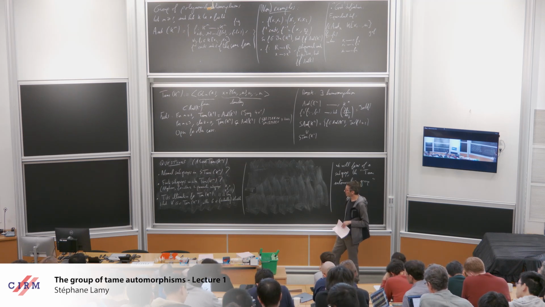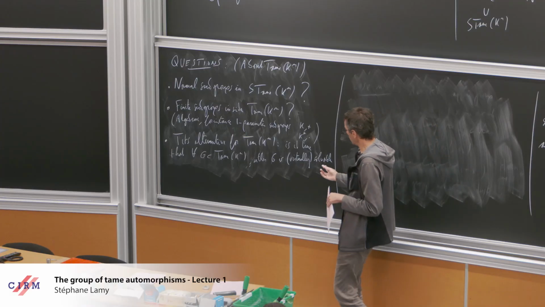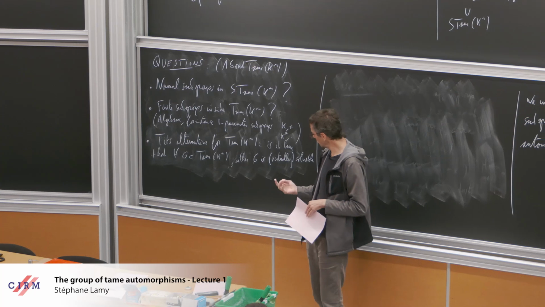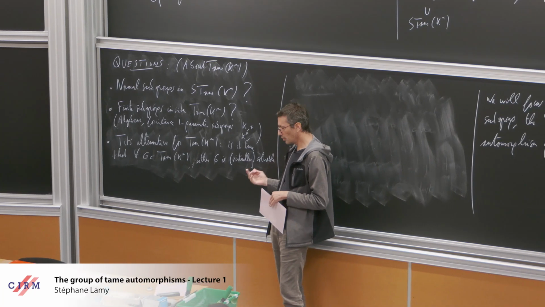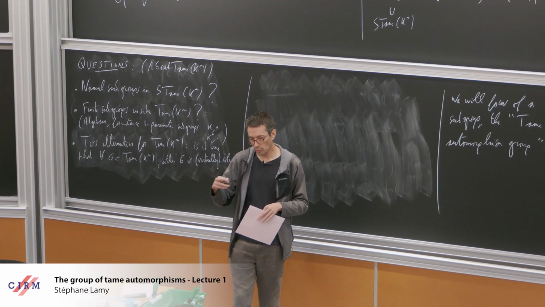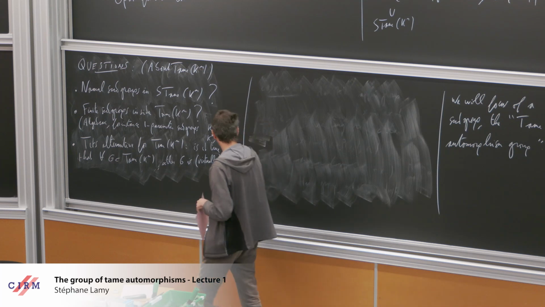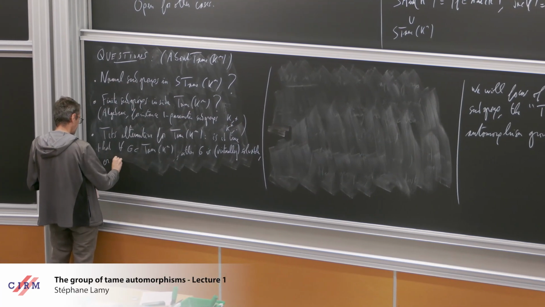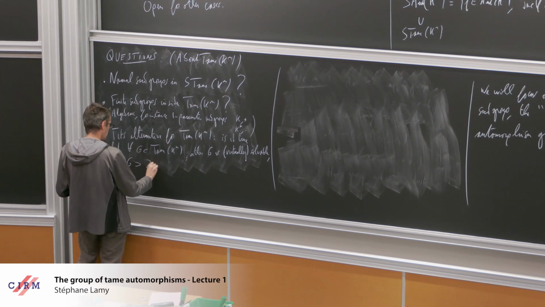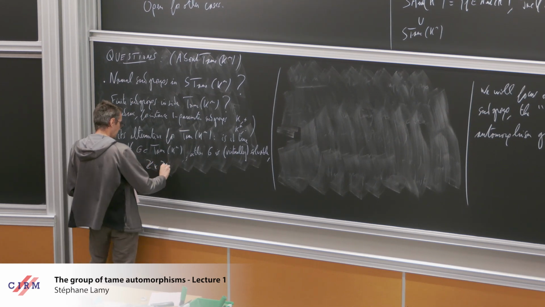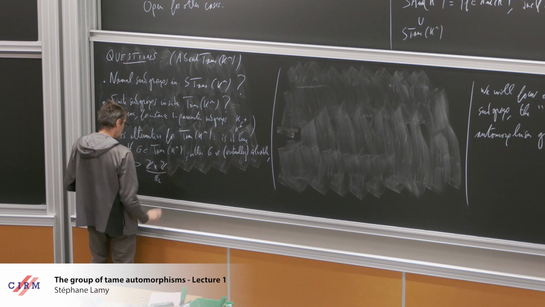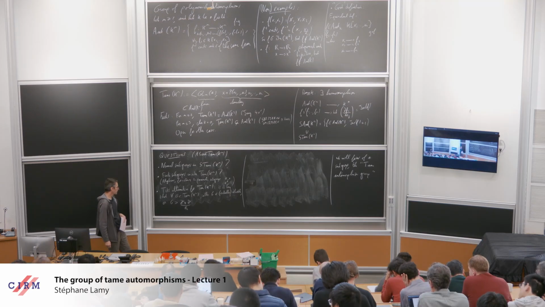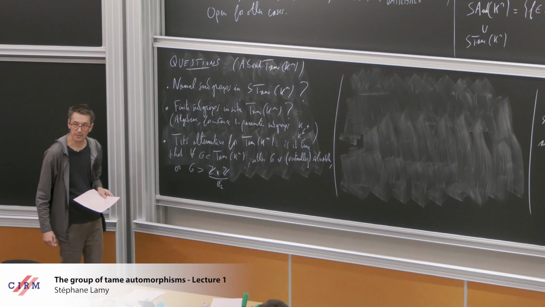That's one side of the alternative. And if it's not the case, then you have a strong obstruction to being solvable: the group contains a free group F2 over two generators, so a free product of Z with Z. That's the Tits alternative.